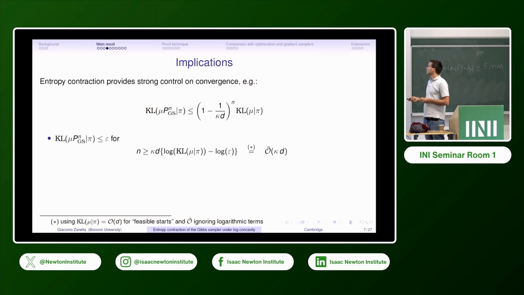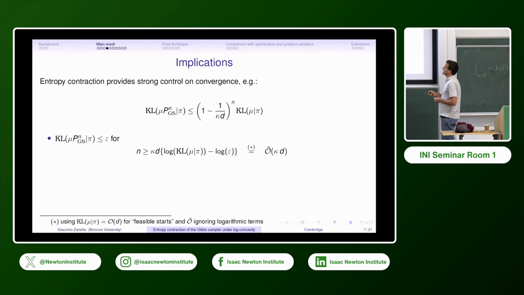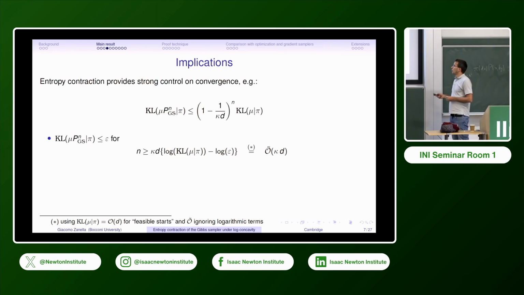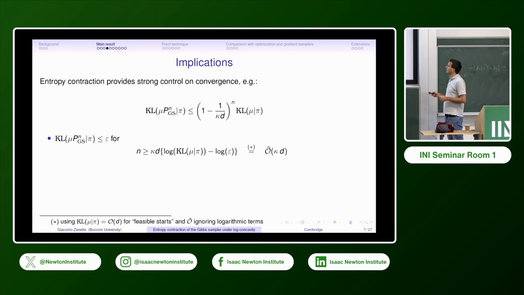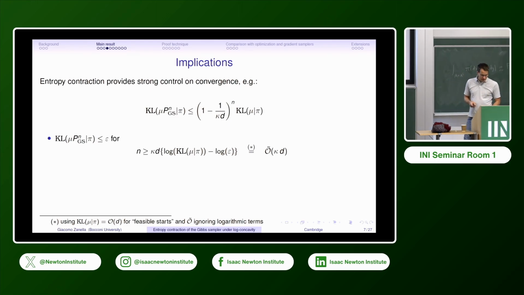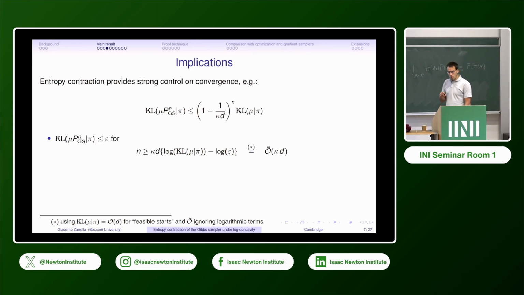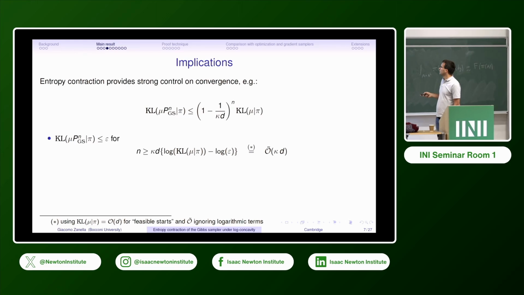And so this means that in terms of mixing time bound, if you want to have an epsilon distance to stationarity, the number of iterations you need to take, so the power n that you need to take, the mixing time will be upper bounded by kappa times d log of the starting distance minus log of the error. Here I'm just taking basically the original formula and inverting it. So what we see here is that the mixing time scales as kappa d, which is intuitive because it's the 1 over 1 minus the contraction rate. So it's a way to turn the contraction rate into a mixing time.